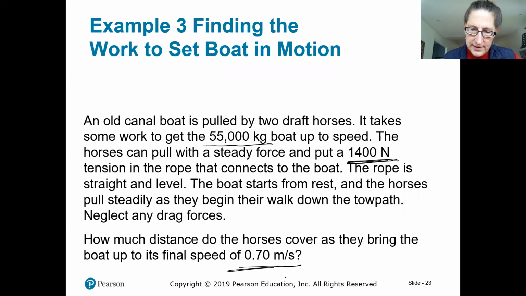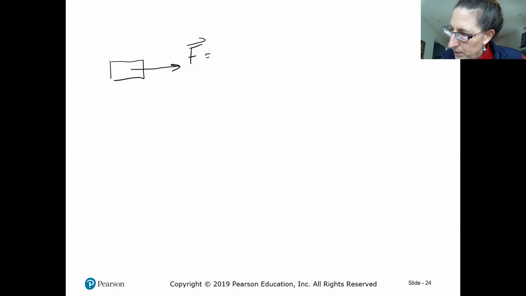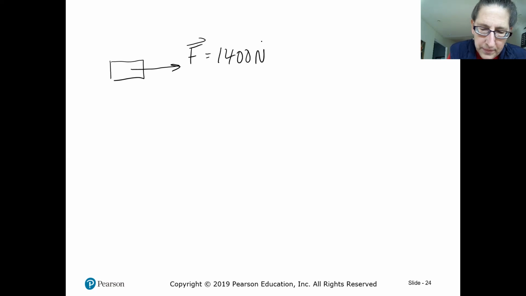Okay, and it says that it's a nice straight line, so we don't have to worry about theta in this. So we've got this boat that's being pulled by a force. It's a pretty big force here. What's the force? 1400 newtons. We want to know just how far it's going to go.